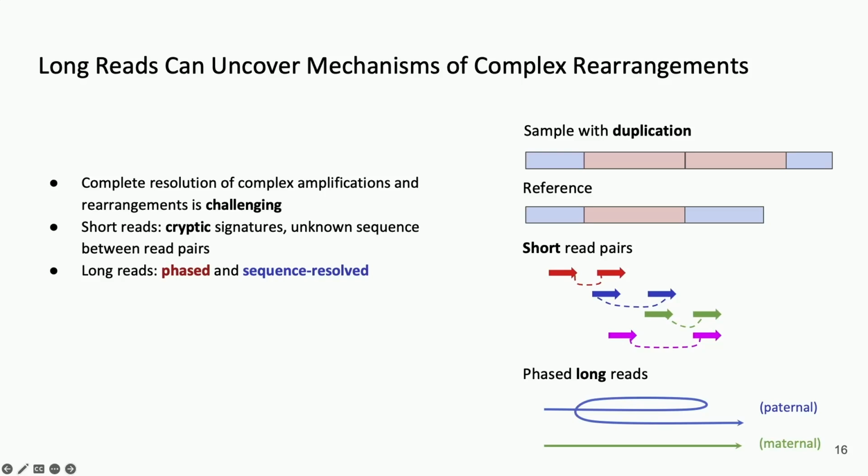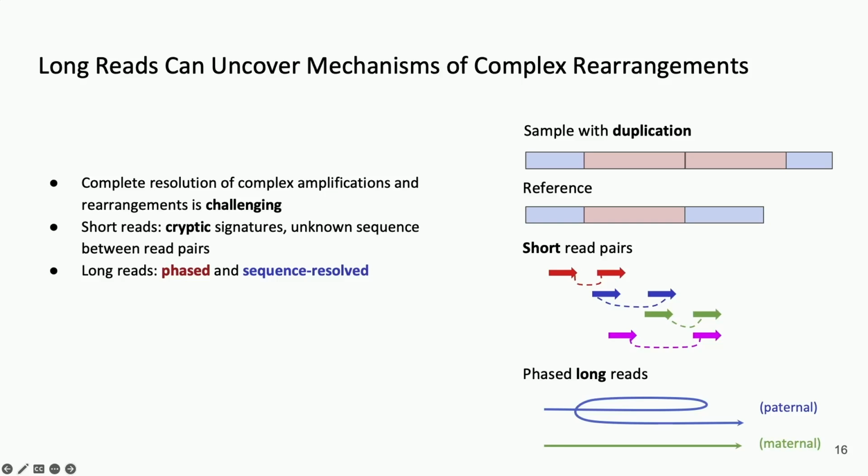And oftentimes, it is difficult to characterize with short reads because you need to deal with cryptic signatures. So you have unusual coverage profiles and discordant read pairs. And then from this, you need to figure out what really happened based on the reference alignment.